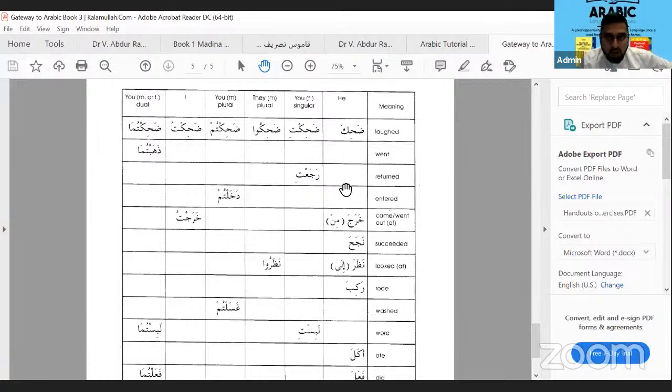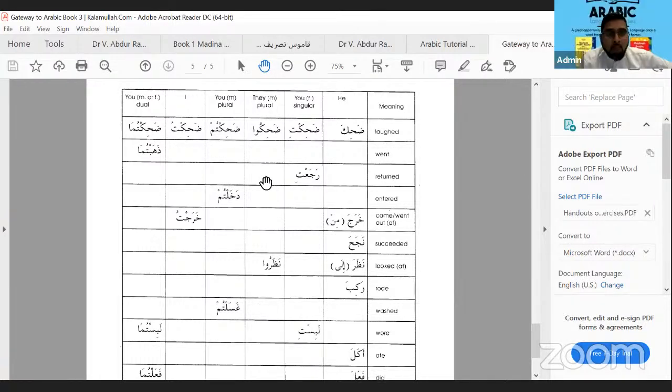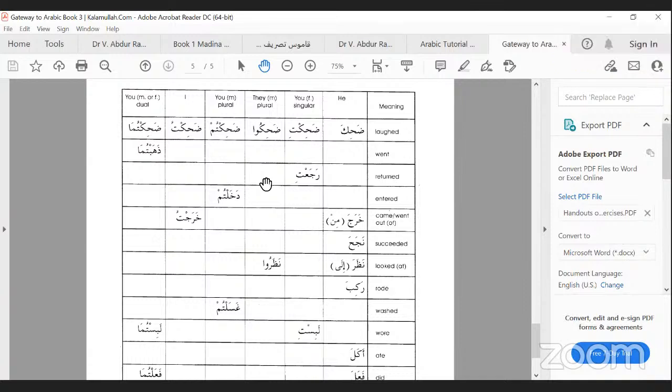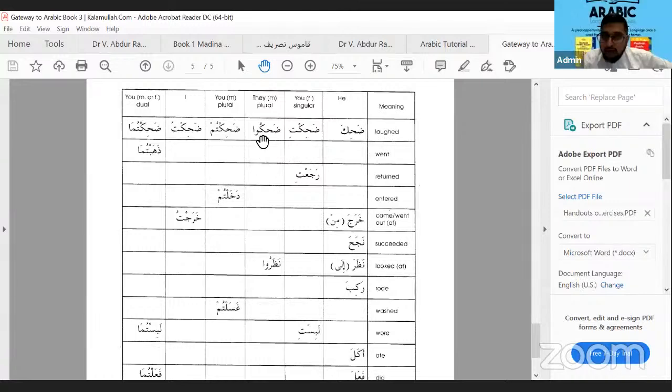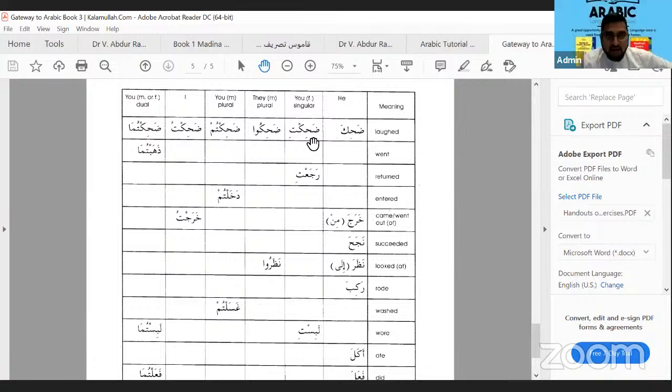How would you say they all boys returned? هم رجعوا. It ends with wow and alif. So dhahika becomes dhahiku, and Raja'a will become رجعوا. Excellent. Raja'u.